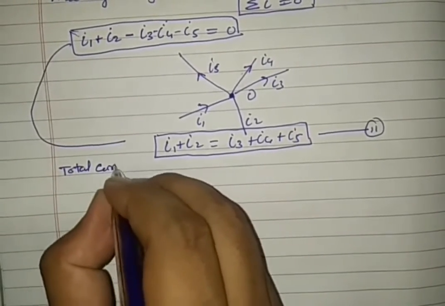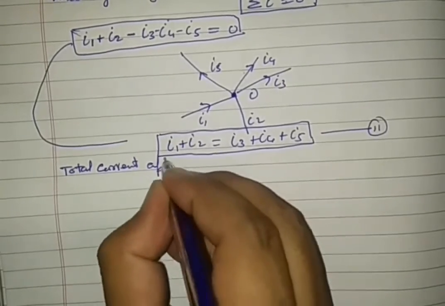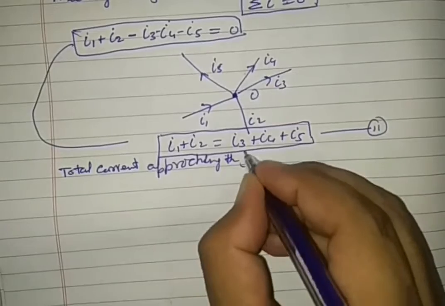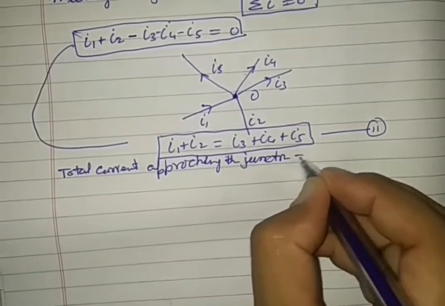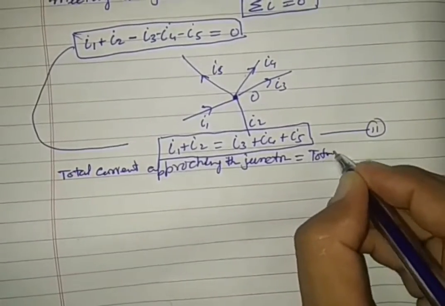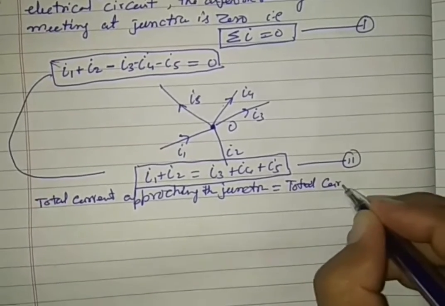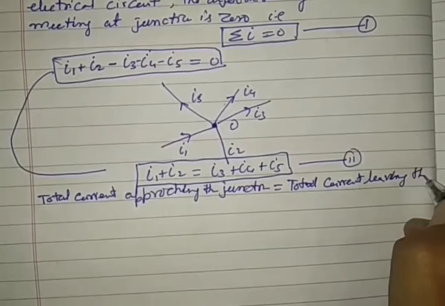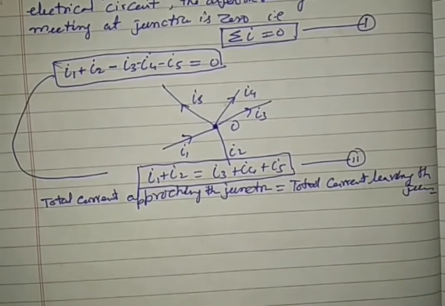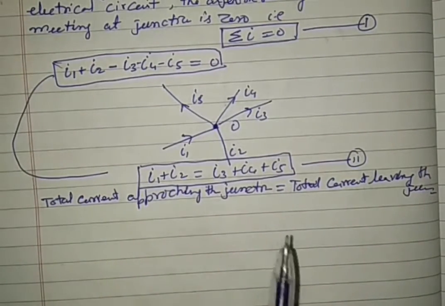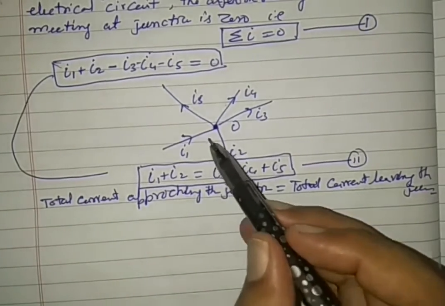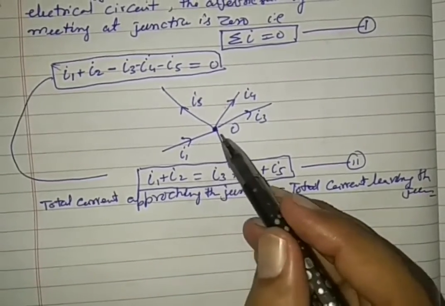Total current approaching the junction is equal to total current leaving the junction, and it is clear by equation number 2. So we can say that the total charge approaching the junction is equal to the total charge leaving the junction.